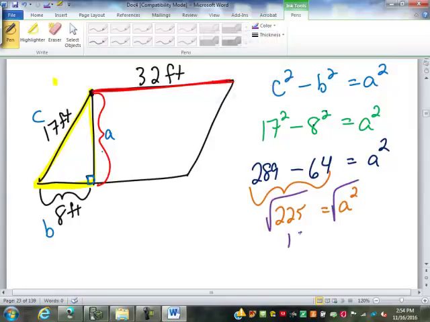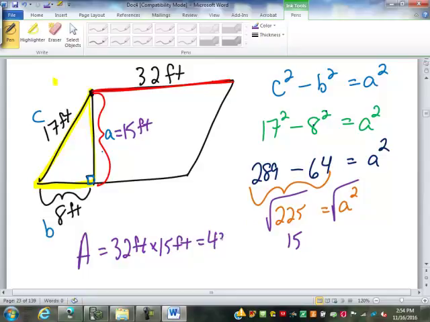Good. Square root of 225 is 15. So this is 15 feet here. So the area of this is 32 feet times 15 feet. 32 times 15 is what? 480? And feet times feet is square feet.